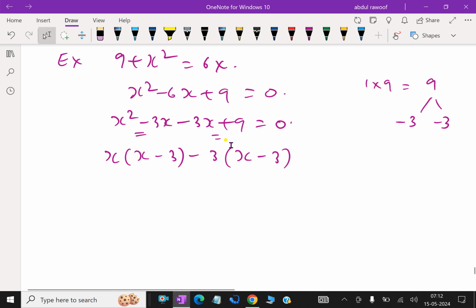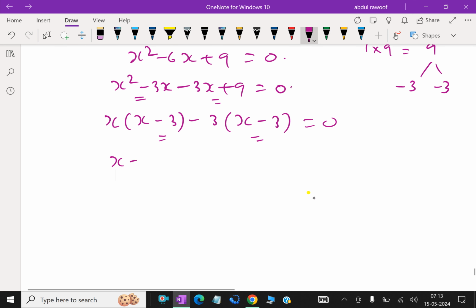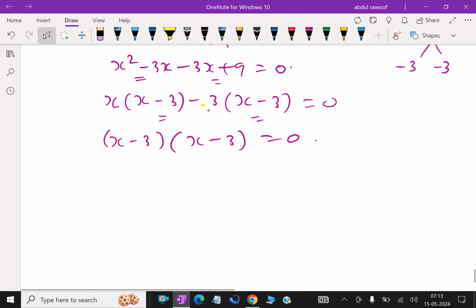Since minus 3 is taken out, the sign of the term after it is changed: minus 3 into x minus 3, because minus 3 into minus 3 is plus 9, equal to 0. Further, these two terms have a common term. Take out x minus 3 and write x minus 3 equal to 0.